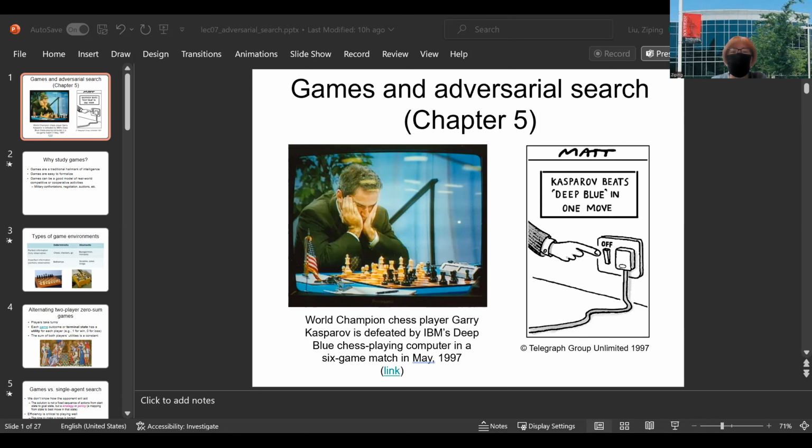And when we see alternating two-player games, this is different, because you don't know what your opponent will do. So the solution is not a fixed sequence of actions from start state to goal state.